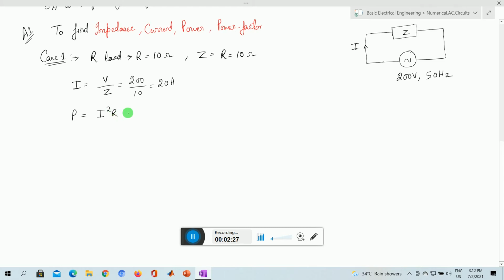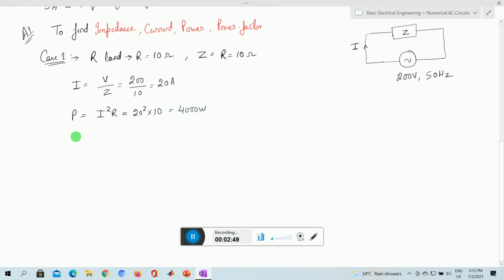So I square R, or the voltage across the resistor V into I. So that will be 200 square by R, R is 10. So this comes to be 4000 watt.